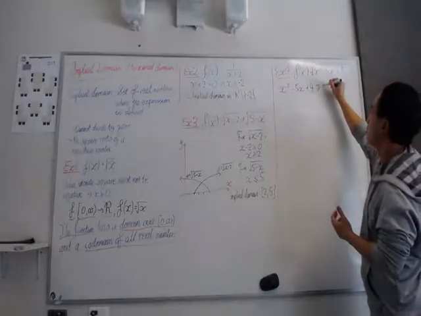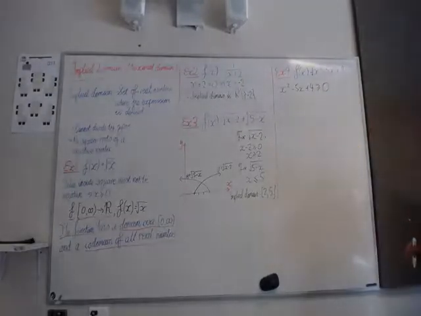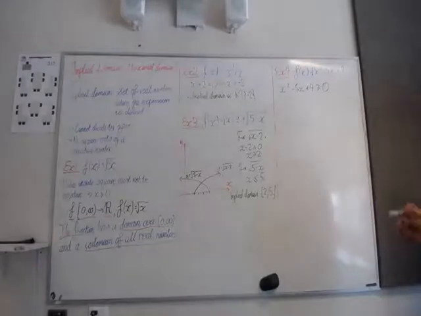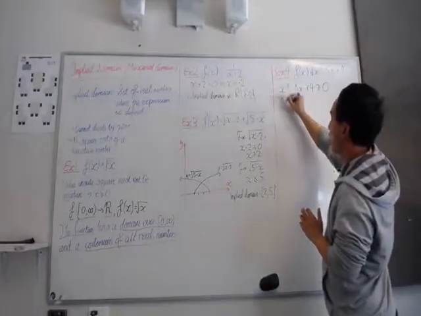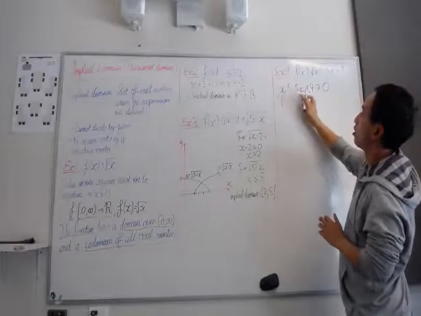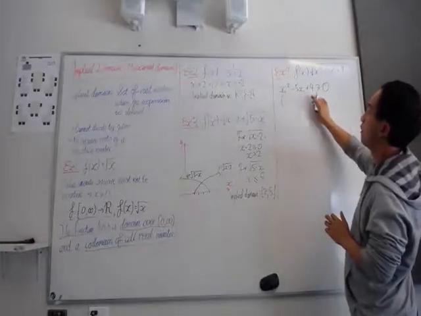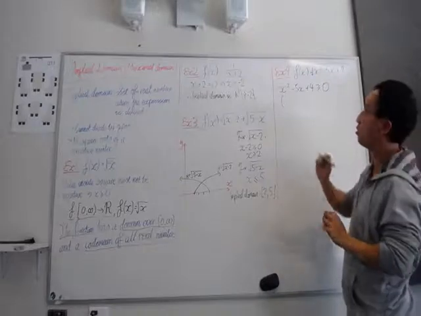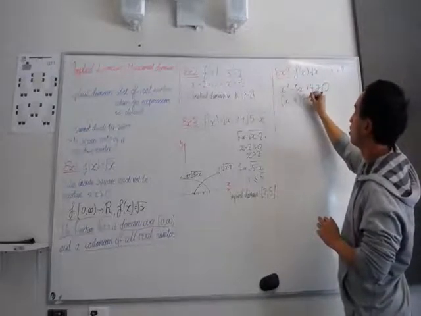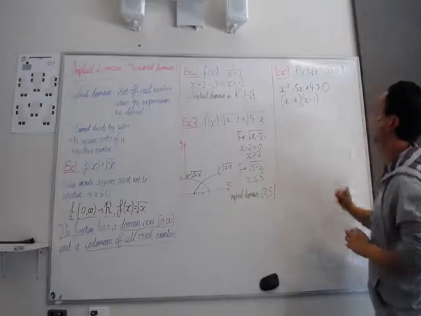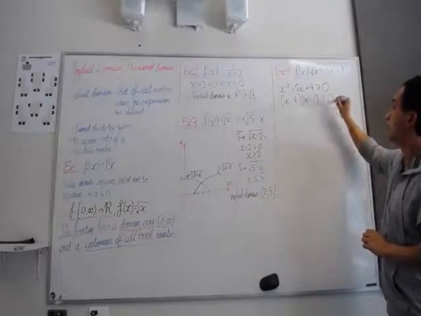So, x squared minus 5x plus 4 is going to be equal to or greater than 0. To solve something like this, we need to factorize the left-hand side. So, to add up to negative 5 and multiply to a positive 4, that would be negative 4 and negative 1. This is all greater than or equal to 0.